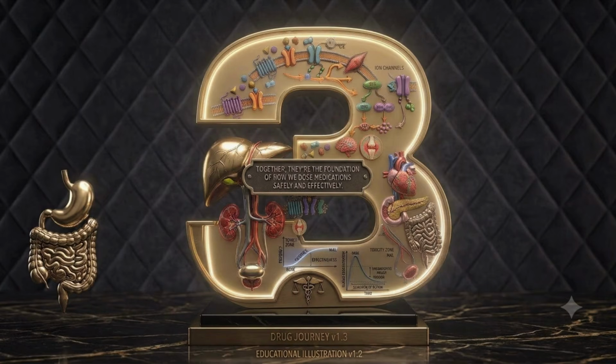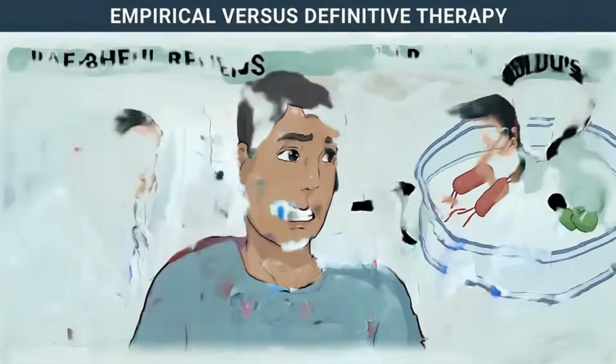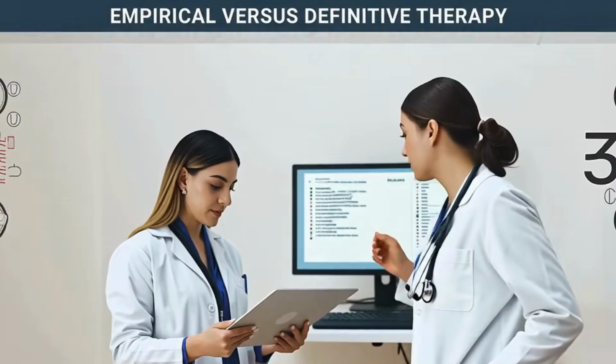3. Empirical versus definitive therapy. This is core clinical pharmacology, and it's tested constantly in postgraduate exams.